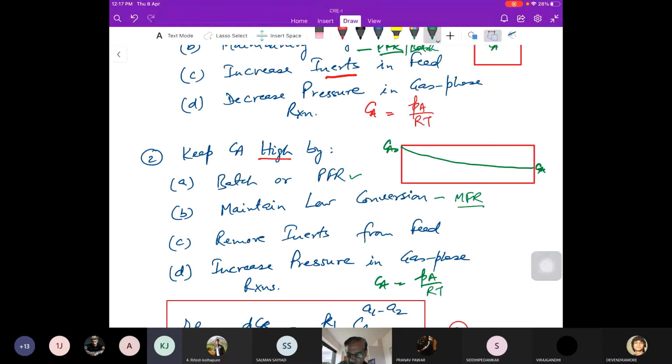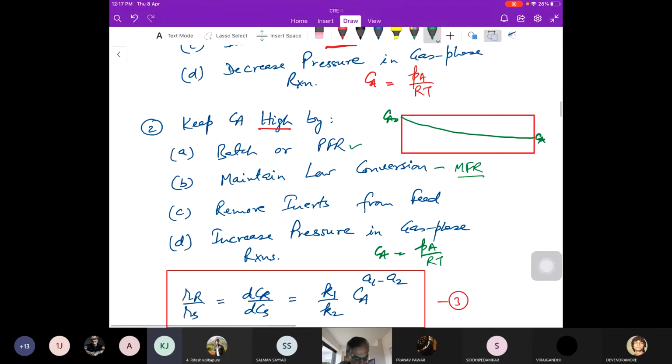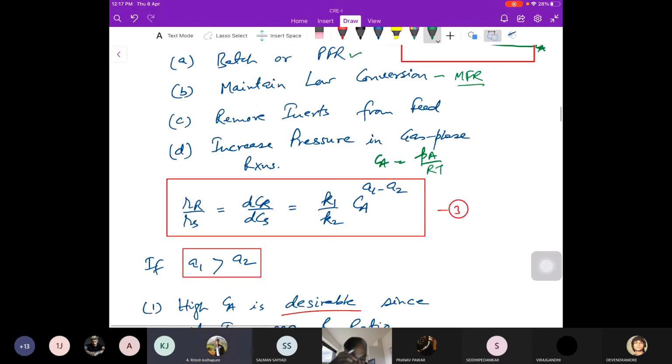When to achieve that, when we should target it, we'll see later. So if I look at that equation, RR upon RS is equal to K1 by K2 times Ca raised to the power A1 minus A2.